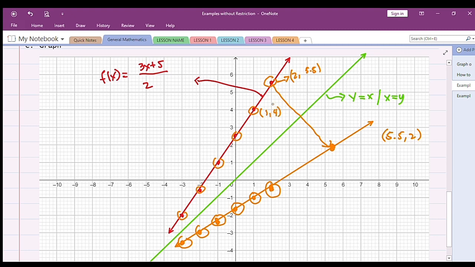So the inverse of 1 and 4 is 4 and 1. Let's try to locate 4 and 1. We have 4 and 1. Okay, exactly, we have this point. So this is 4 and 1. And also, they are equal distance with its line of symmetry. And also this one. Oh, they are equal in distance.